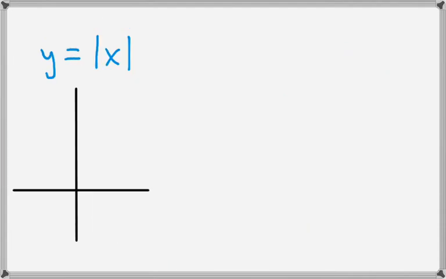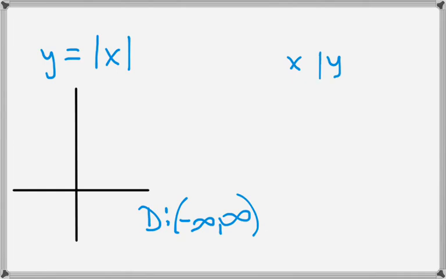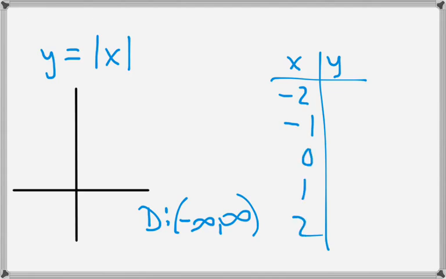Alright, here's our last one, absolute value of x. You can take the absolute value of any real number and you will get a real number output. So the domain is all reals. So we're just going to choose a variety of x values and substitute them into the function.